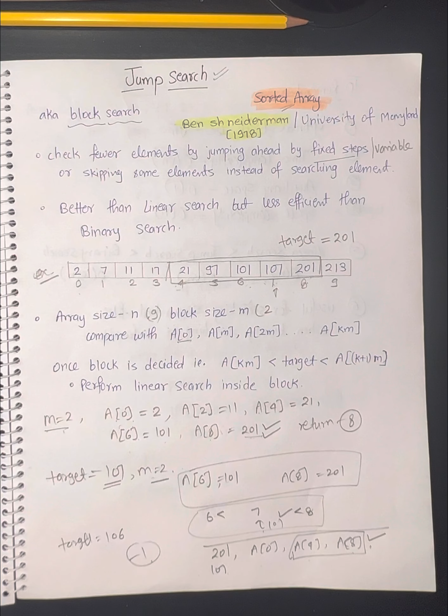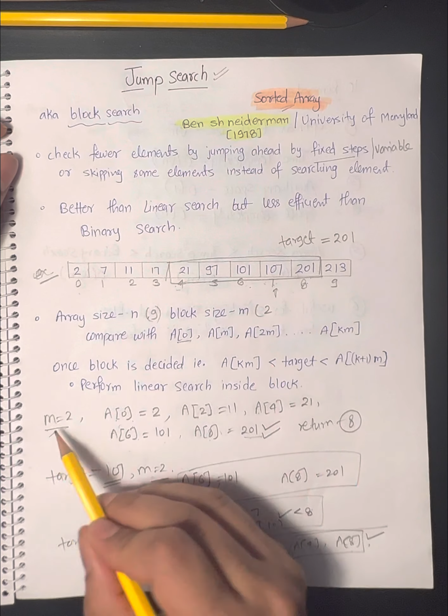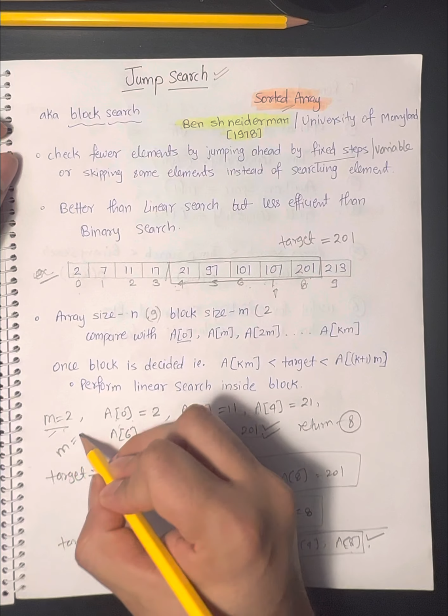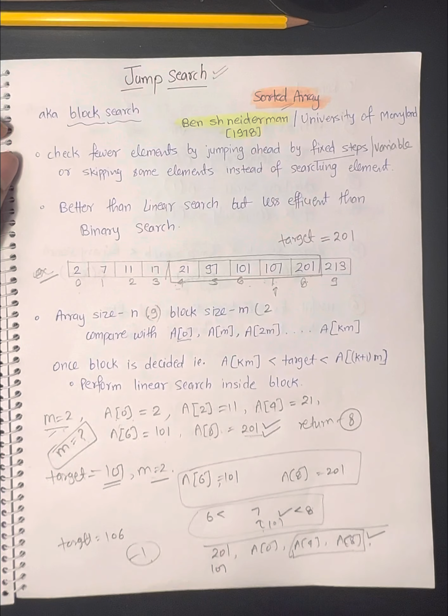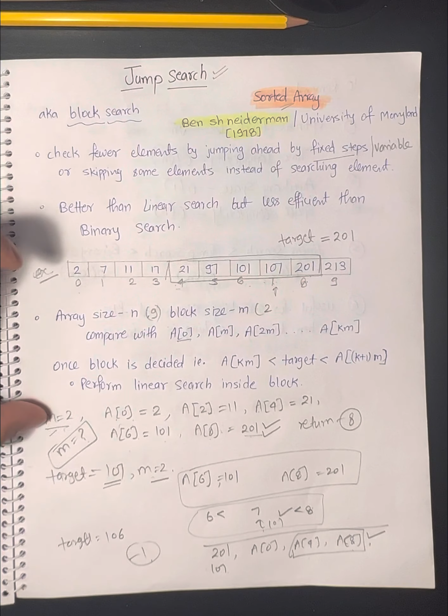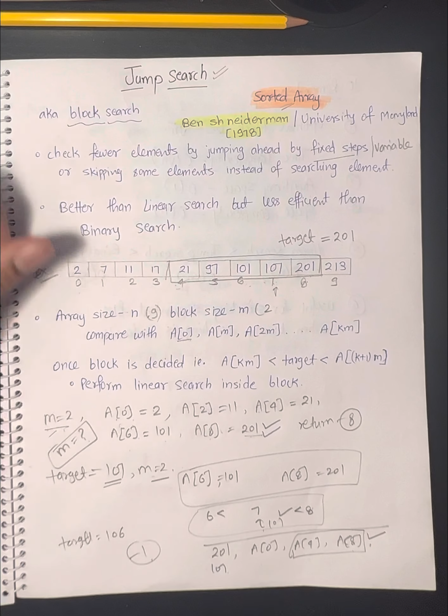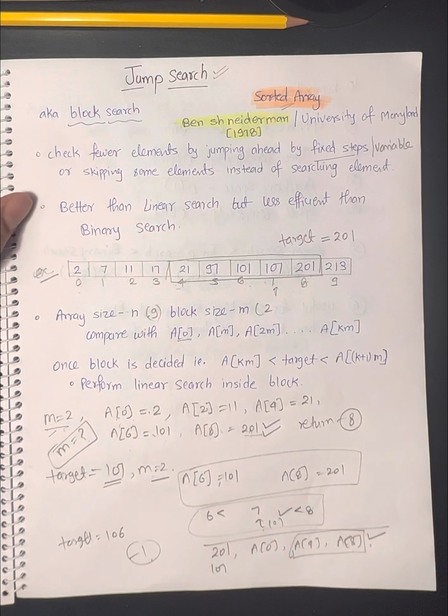But here we need to think: if we decide to keep m equal to some value, how do we know what we should keep? If we keep m equal to 1, then it is a linear search algorithm, we are comparing all the values. If we keep m equal to 2, we are using 1, 2, 3, 4, 5 comparisons.